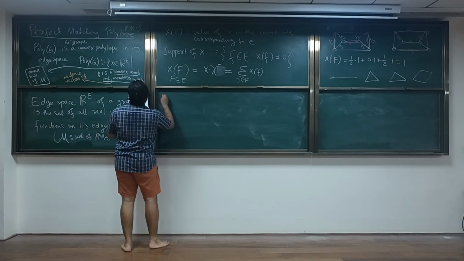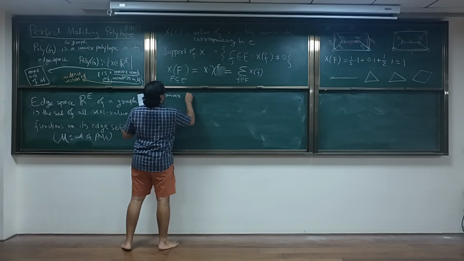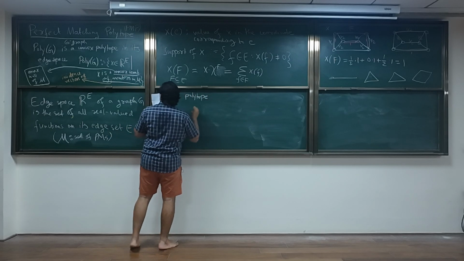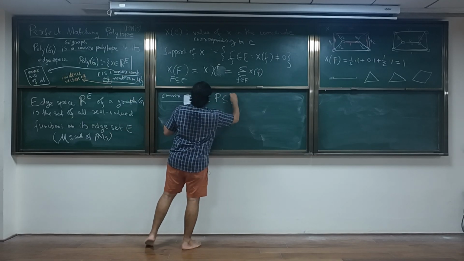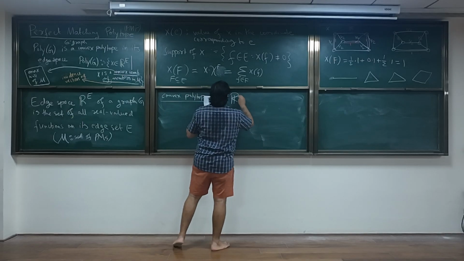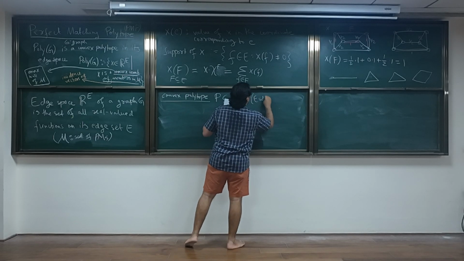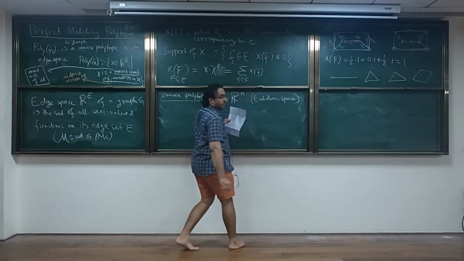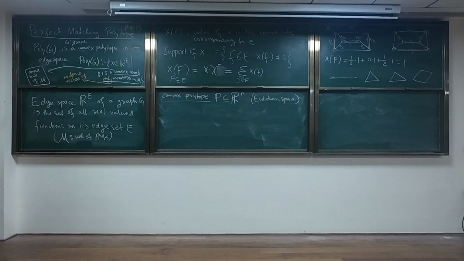So a convex polytope is any subset of Rn, Euclidean space, if it is the convex hull of some finite subset of points.